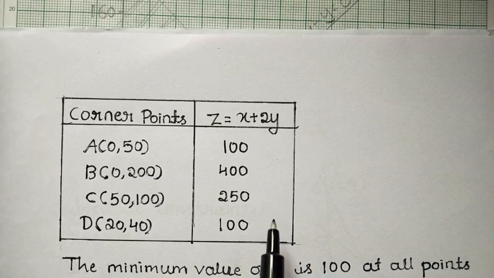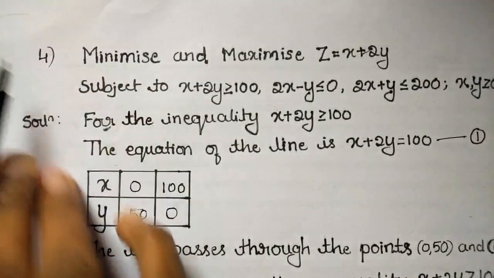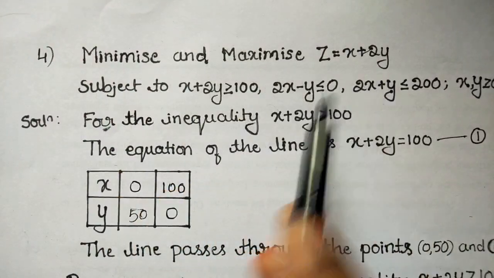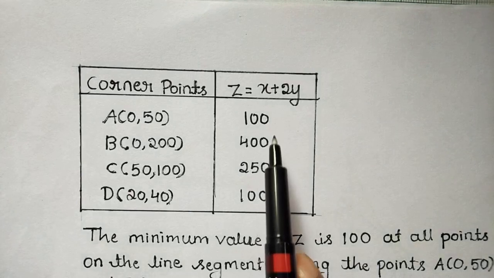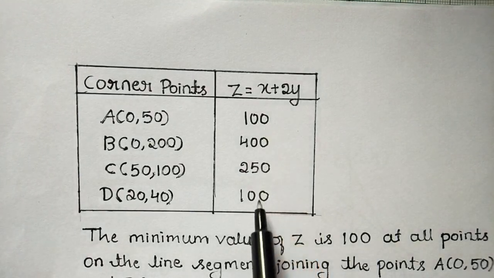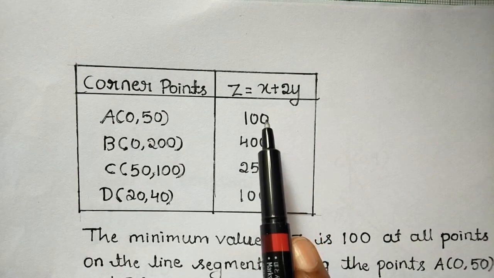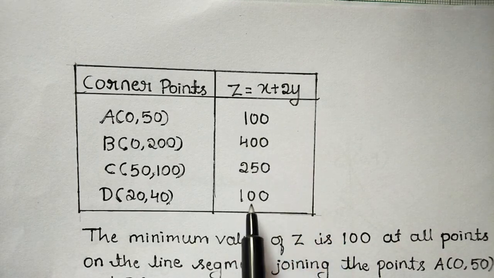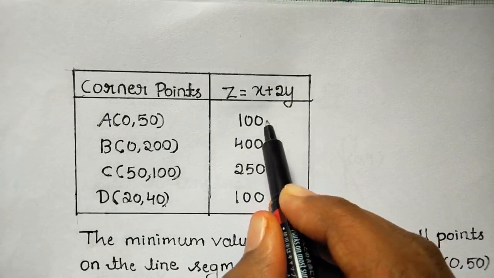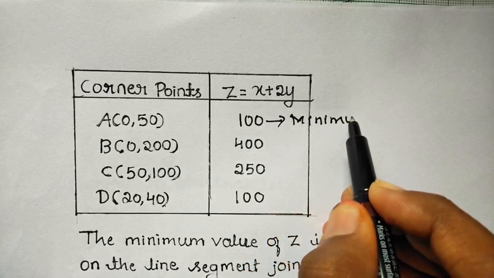Now the question is to find both minimum and maximum value of z. Now observe here, the minimum value of z among these values is 100. It attains the value 100 at two corner points. So I'll write both of these values as minimum value.